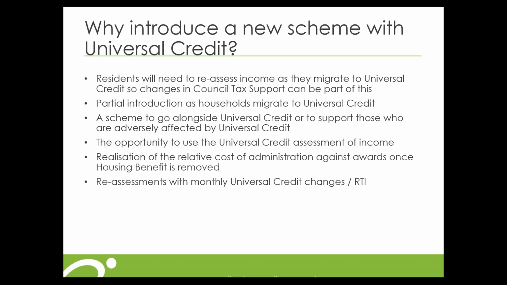They will open their scheme to everybody who's on universal credit, exclude those who aren't, and use the DWP's assessment of income. I think it's also exercising people's minds, the cost of admin against awards once housing benefit is removed, and the number of reassessments that will come into play with monthly universal credit changes.